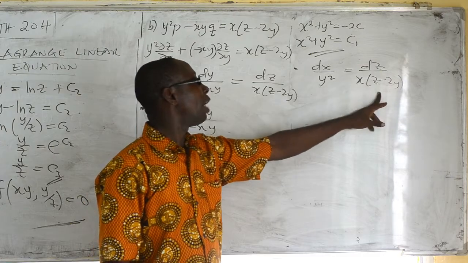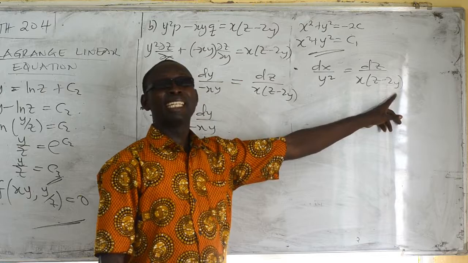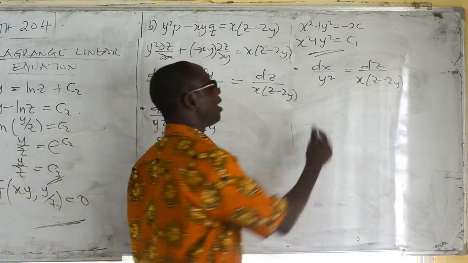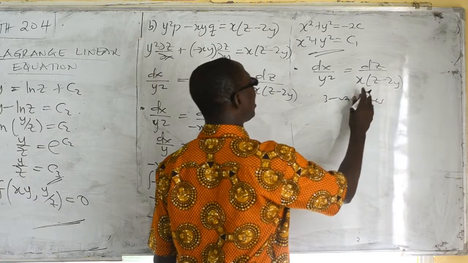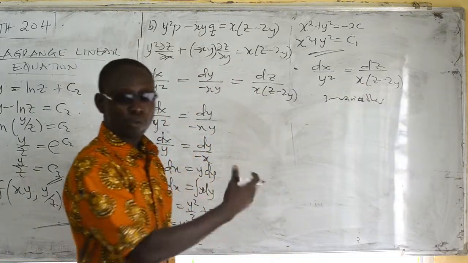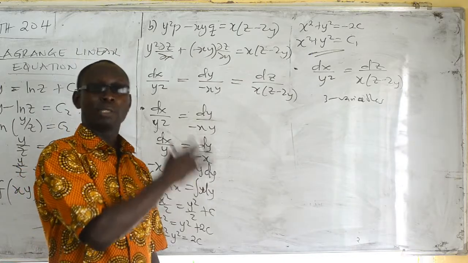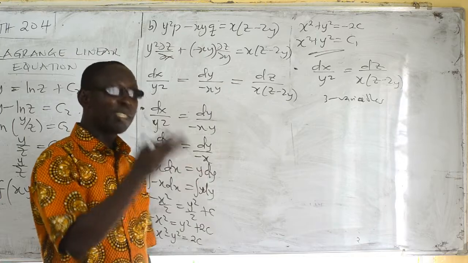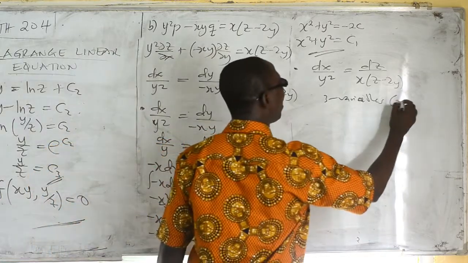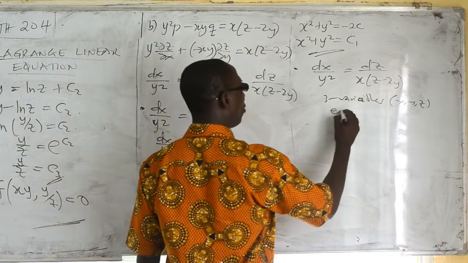If I multiply through by y, even though one of these will vanish, the y that will come, you cannot cancel anything. Here there are three variables. That is not cancelling. So it will be difficult for me to solve it. All that we have been doing, there are two variables, the x and the y, with dx, dy. But here there are three variables, x, y, z. None of them is vanishing. So this one is an error.